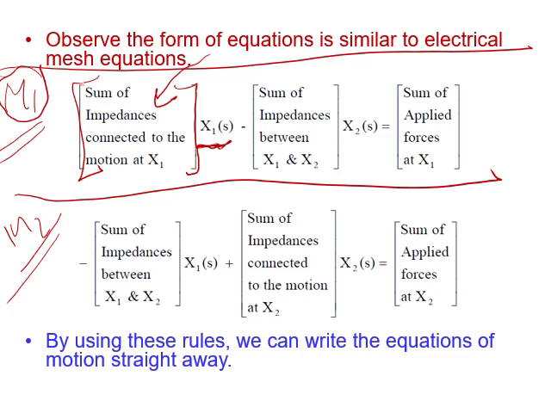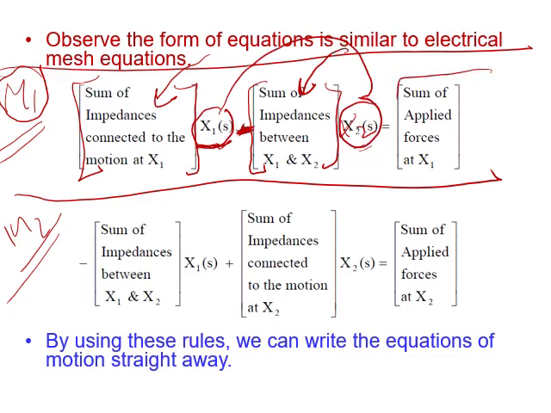All the impedances linked to M1, we give them the positive sign. Minus a bracket times x2, where in this bracket we are going to get all the impedances linking x1 to x2. Notice the sign is negative. All equal to the sum of the forces applied to M1, or to x1.